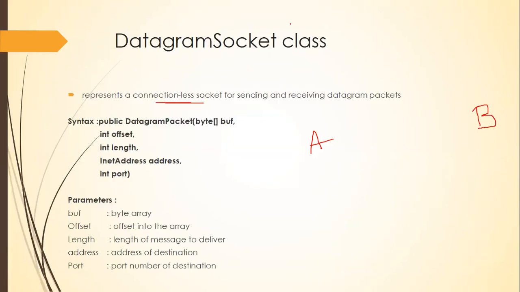It is through the socket that you will be sending packets. First, you have to create a socket, and then it is through the socket that you will be sending or receiving the packets. Why do you have a socket? As I was earlier telling you, you have a socket so that you can send and receive your datagram packets.